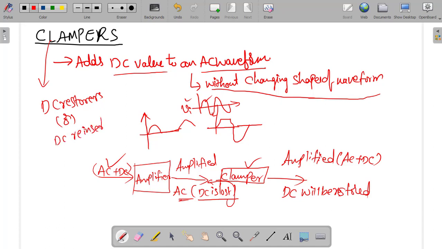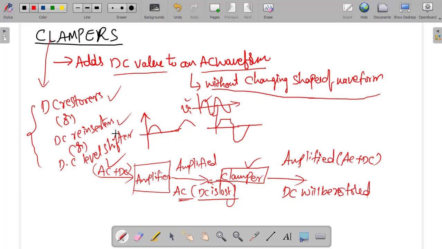You can also call a clamper a DC level shifter, because it will shift the level. So these are the different names for clampers: DC restorer, DC reinserter, or DC level shifter.